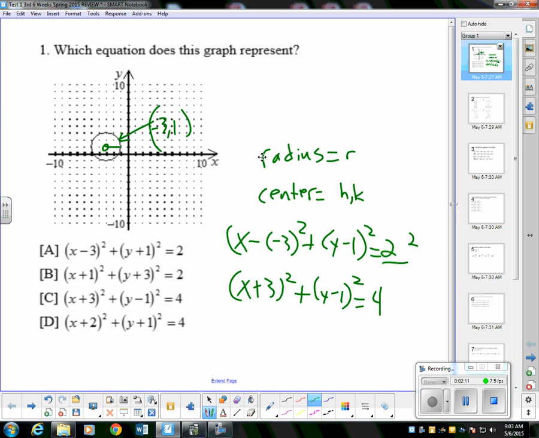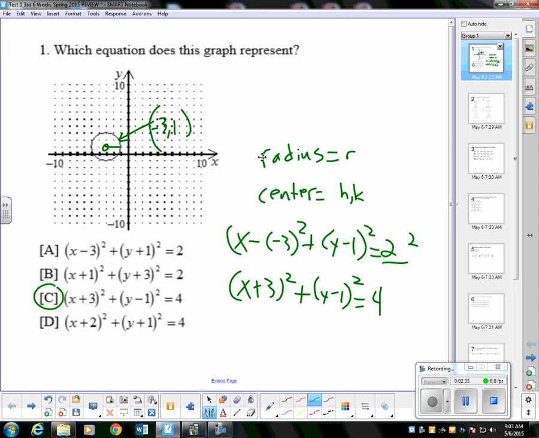And again, all I got to do is look at your answer choices, and it looks like C has to be the correct choice. And that's just based on identifying the center and the radius. Remember that the whole thing equals r squared, not r. Now, is this the only way to do it?